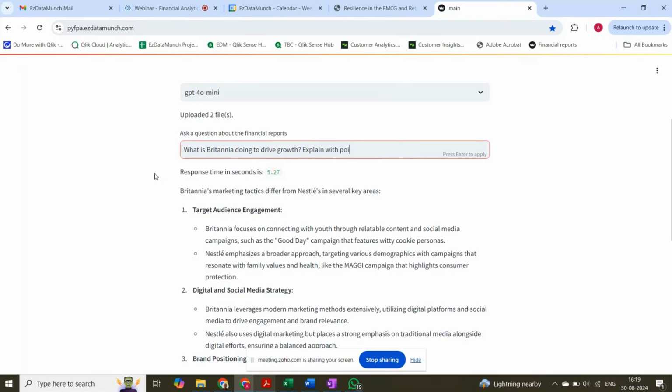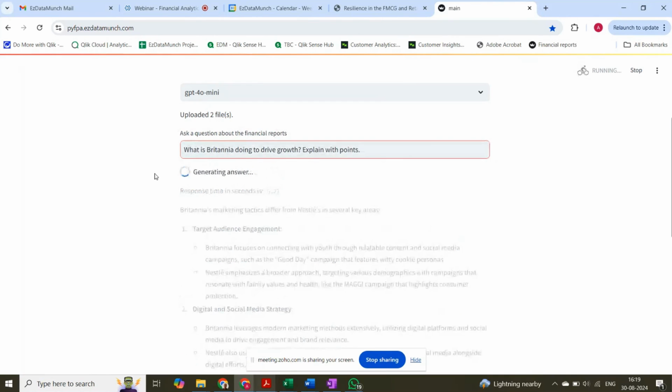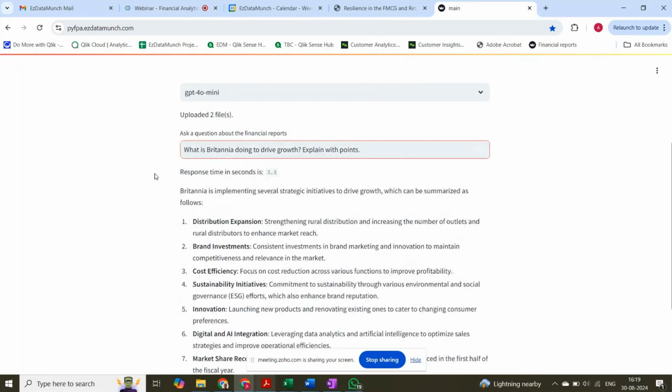So I don't know what Britannia is doing. I would like to know what it is doing, and I want to see it in a point-wise bullet form. Now, this is real information.